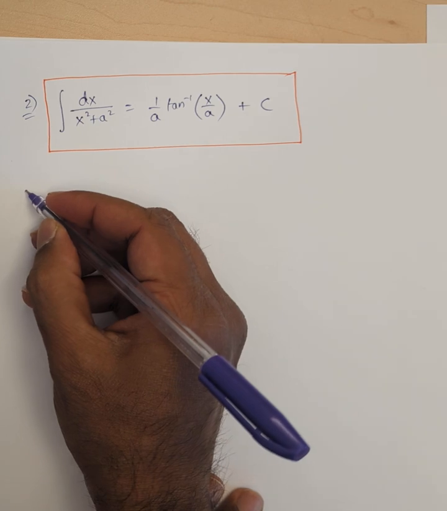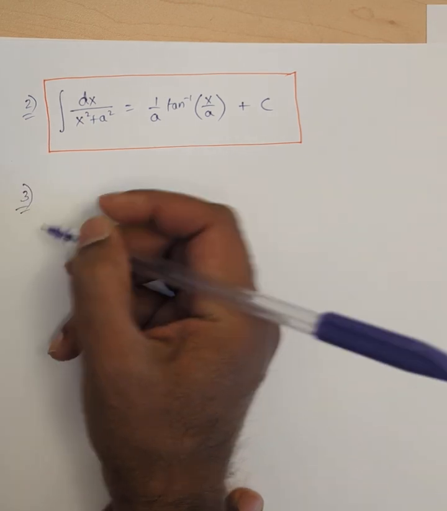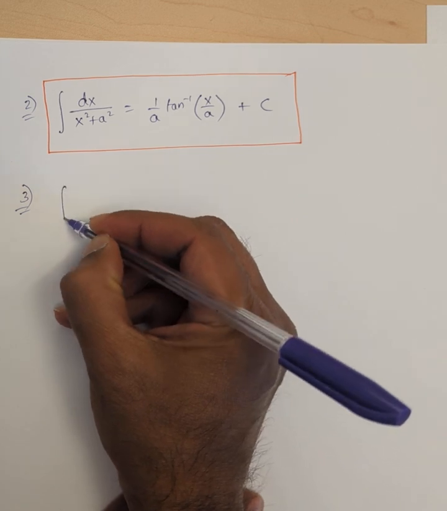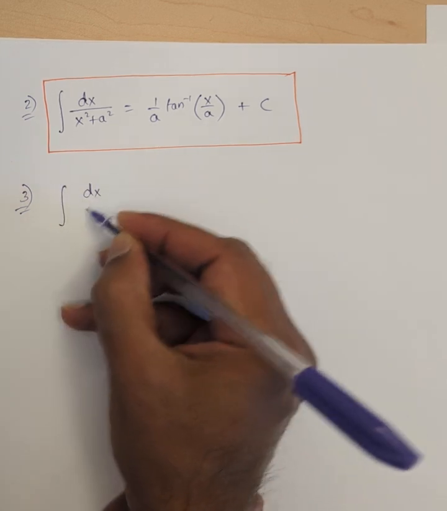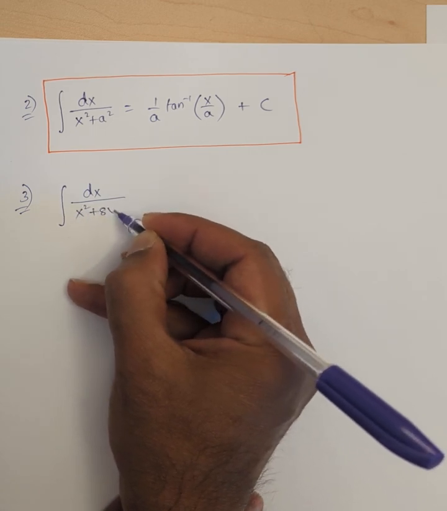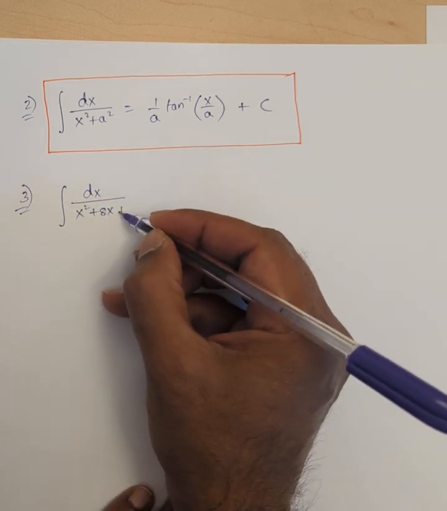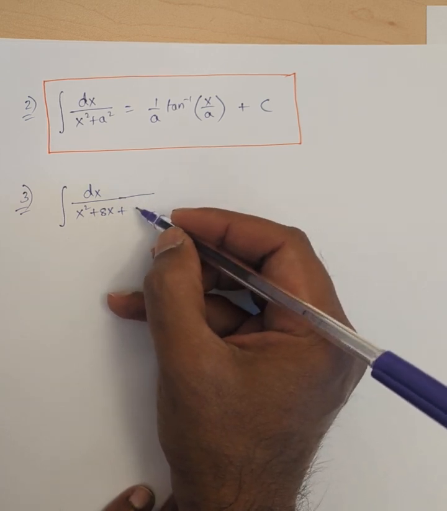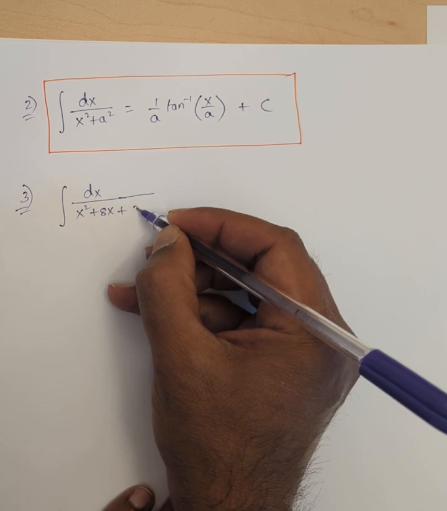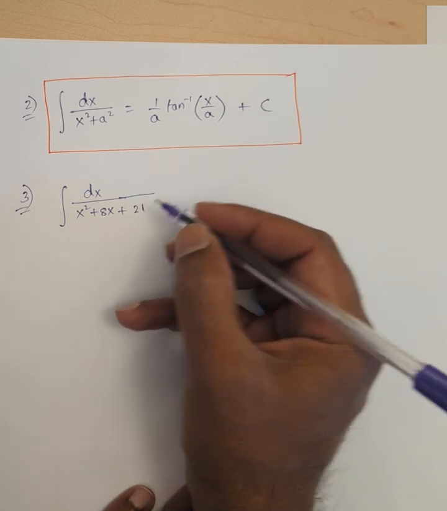Now, if you have, say, something in x, so let's write down this one, x squared plus 8x plus, just pick some number, maybe 21. I want to pick something bigger than 16.